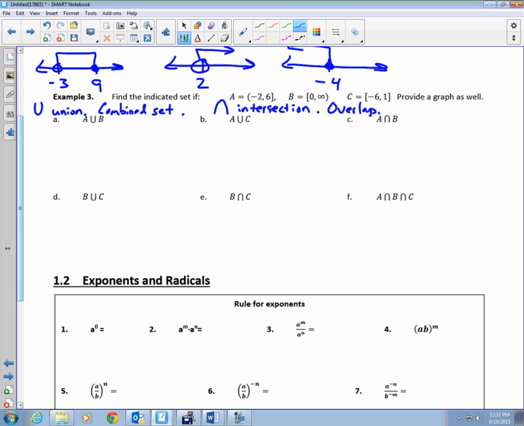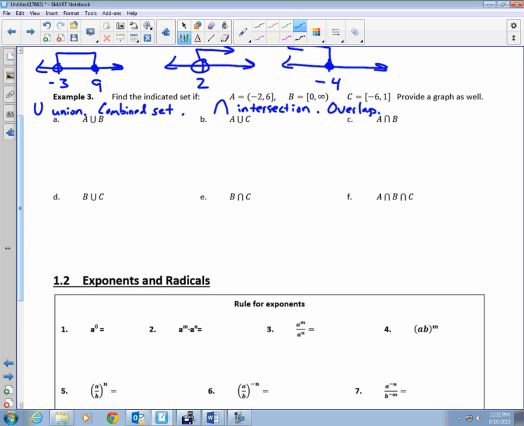So if we want to look at A union B, that means all the elements of A union with all the elements of B. So the question is, is the number 0 in A union B?